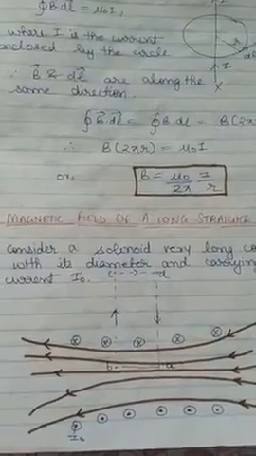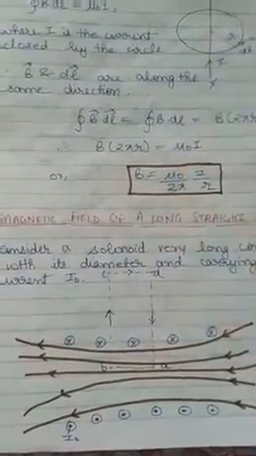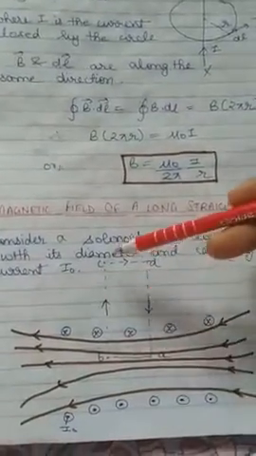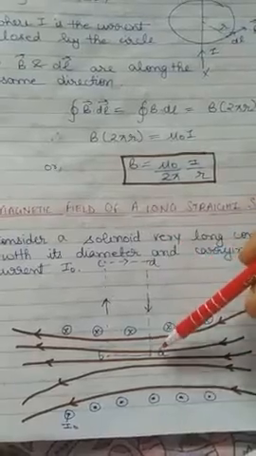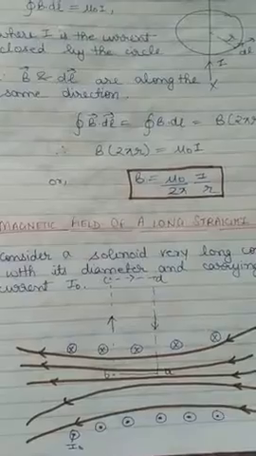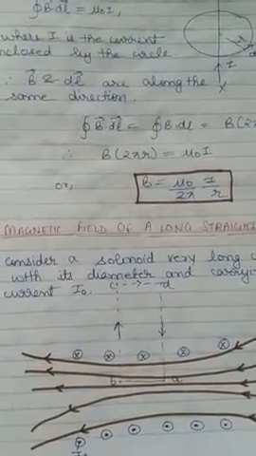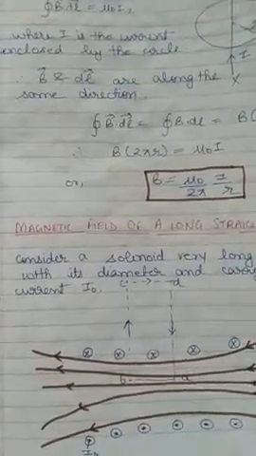So if we choose CD of the rectangle, there will be no magnetic field. And in case of BC and DA, since they are perpendicular to the magnetic field, B dot DL means B DL cos 90, the value will be 0. I am telling this because when we derive this equation, we will use this.